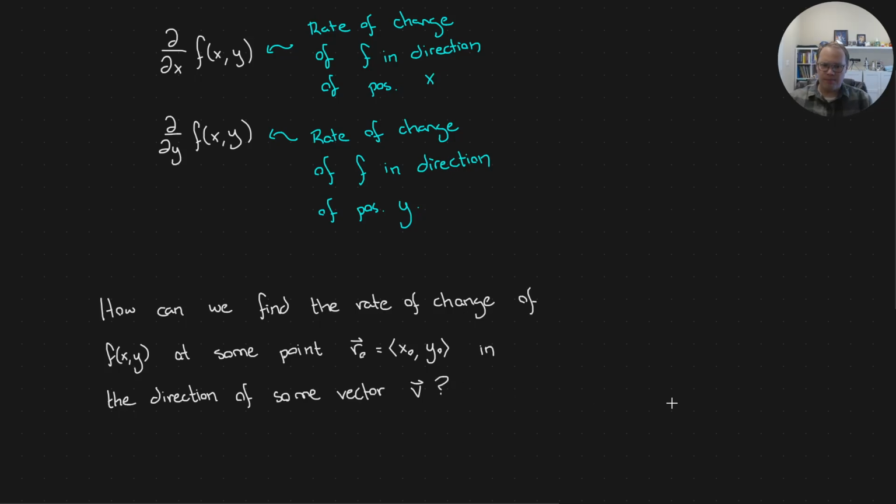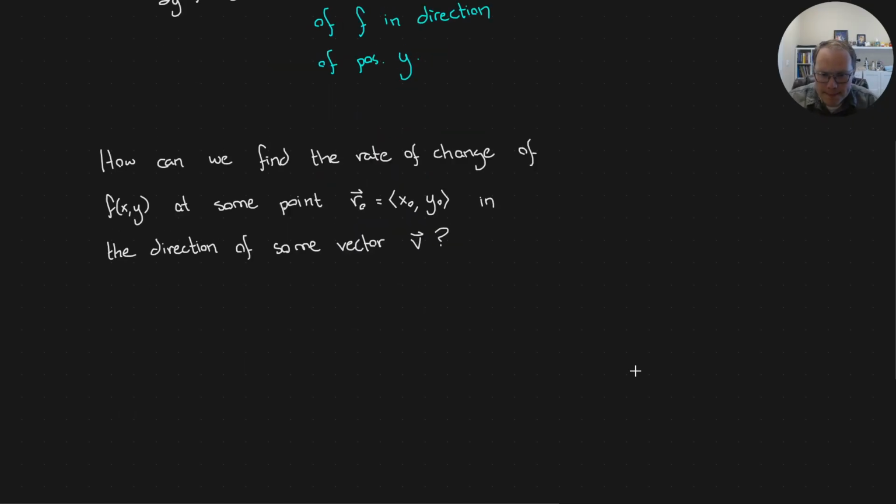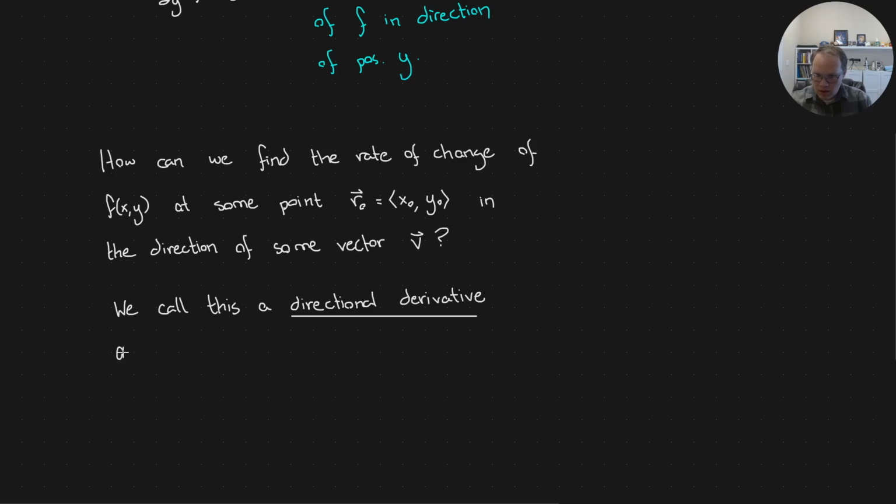Okay, how do we do that? All right. So we call this a directional derivative. And we notate it D_v f. Okay, the directional derivative of function f in the direction of that particular vector.